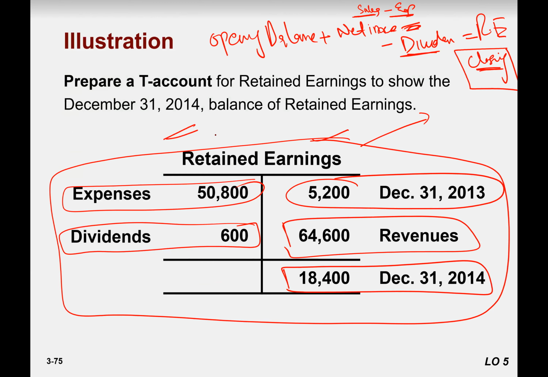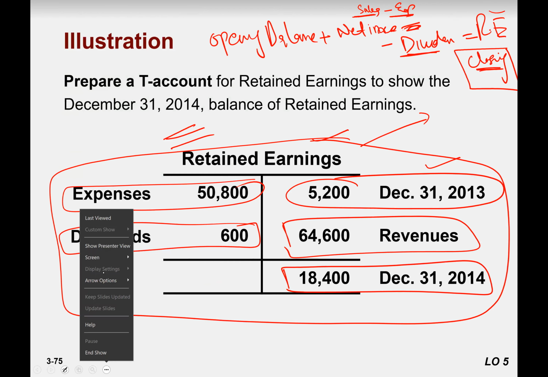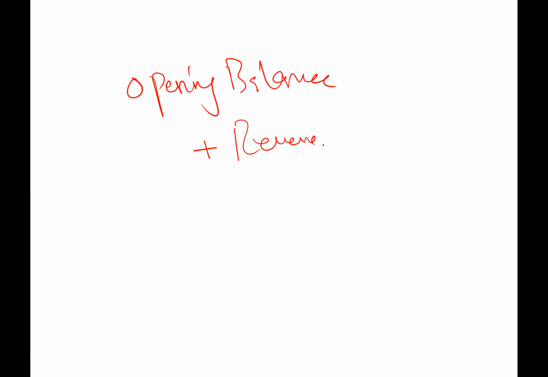So this retained earnings closing, if we express it in equation form, let me just further explain this equation. The equation would be opening balance plus revenue minus expenses.